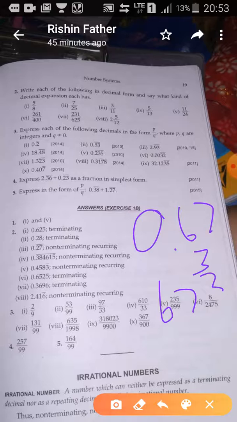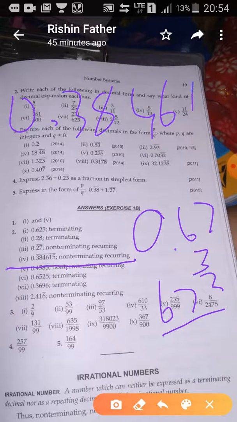Understood? So in these kinds of sums, you are going to divide at least till 6 places. Yes, the sixth place. Like for example, in this one, I don't know how many times you'll have to divide to get to the fact that it starts recurring after 615. Understood? So the decimal looks somewhat like this: 0.384615.